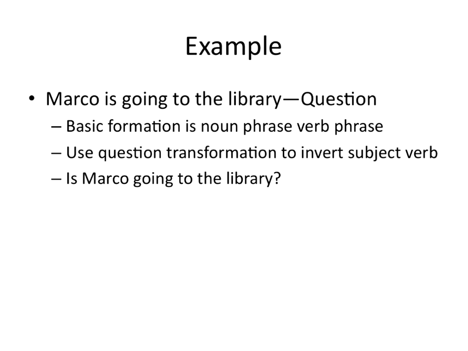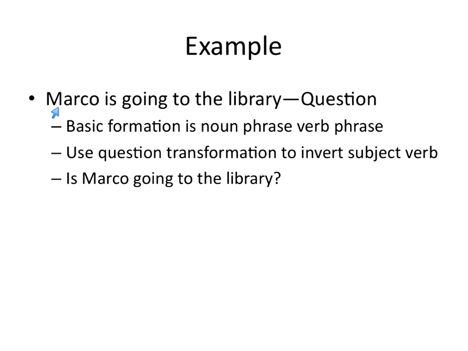Because it's going to be noun phrase, verb phrase. So Marco is the noun phrase, is going to the library will be the verb phrase. So you're thinking, Marco is going to the library. But you want to ask a question.